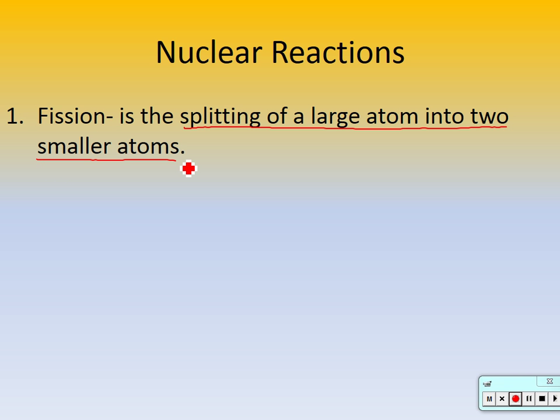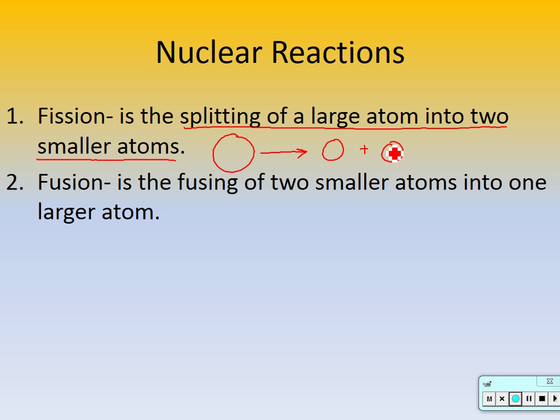So we're taking a large atom on the periodic table, and after the fission reaction takes place, we got two smaller atoms. Okay? So we're splitting it and making two smaller ones.